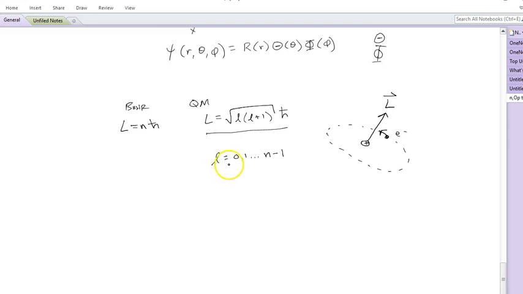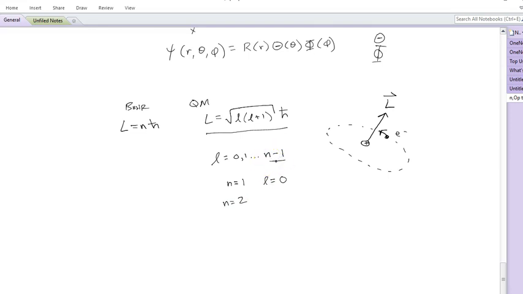So for instance, if the electron's in a particular state where n equals 1, well, n minus 1 is 0, so the only possible value for this l is going to be 0. However, if the electron's in a state where n equals 2, what's n minus 1?